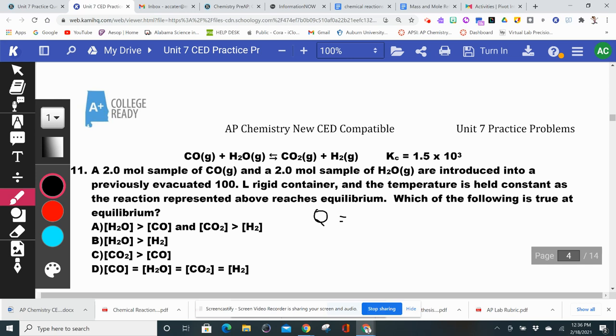So 2 divided by 0.1 would be 0.2, right? No. 2.0 moles divided by 0.1 liters. Nope, it's not 0.1 because that's not milliliters. Sorry.